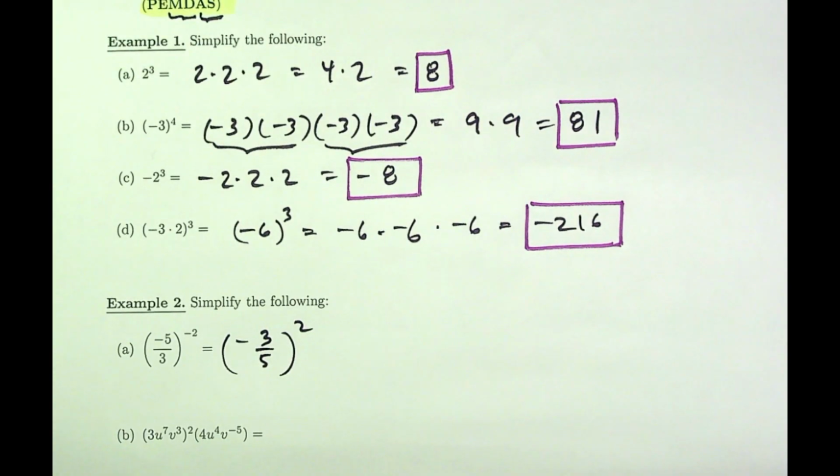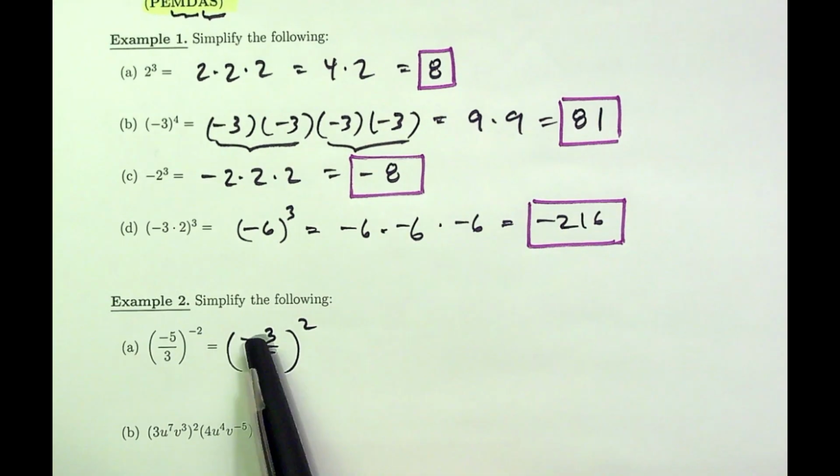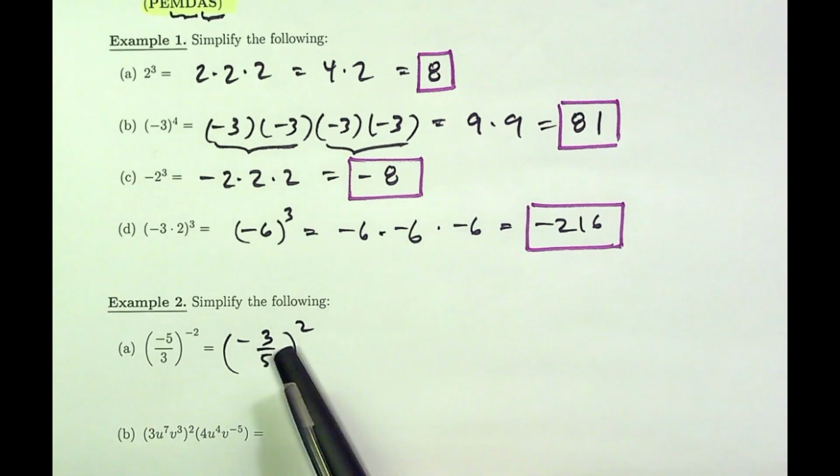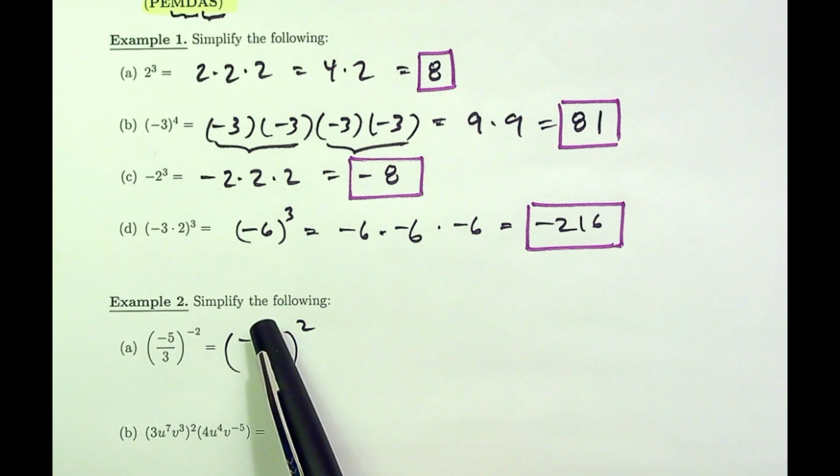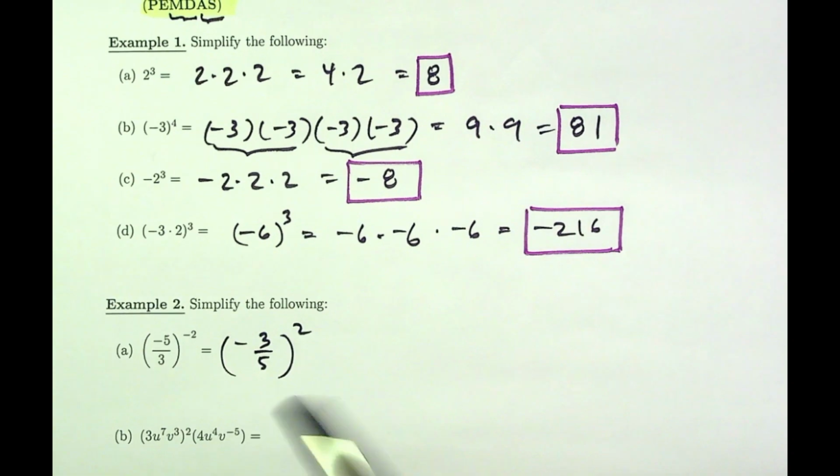One common question that usually arises is why don't you put the negative with the 5? Because if you flip, it should really be positive 3 on top and negative 5 on bottom. But that really doesn't matter.